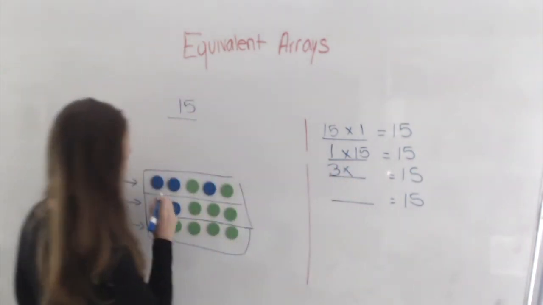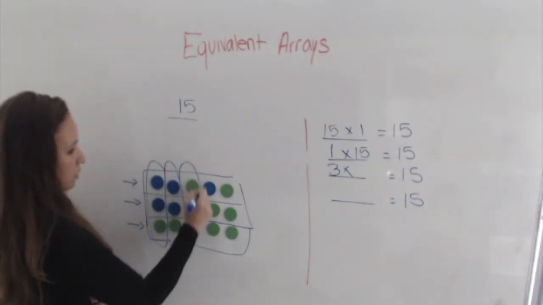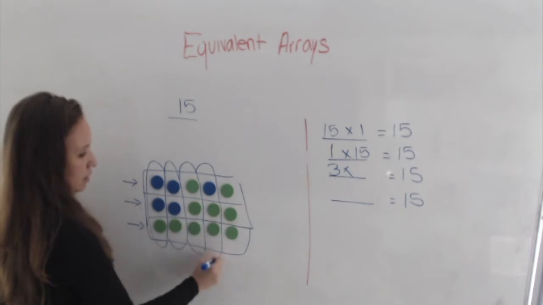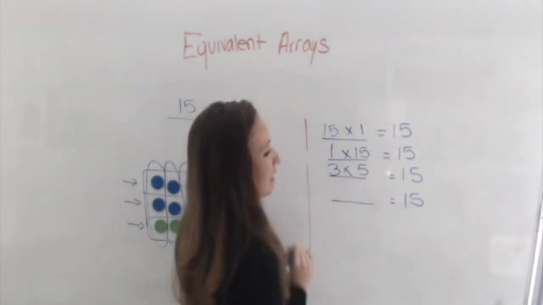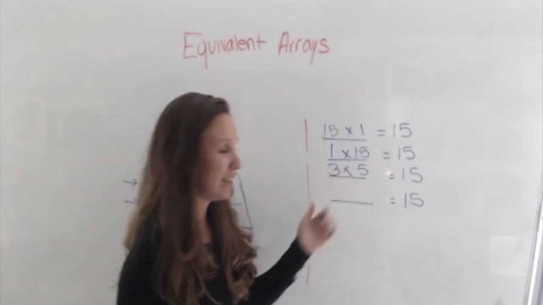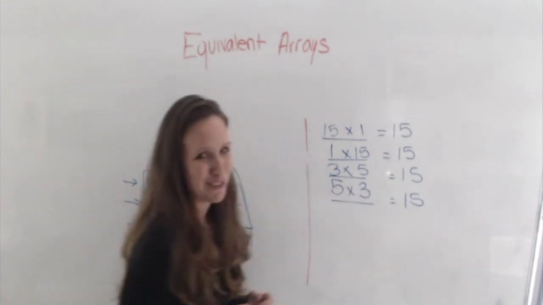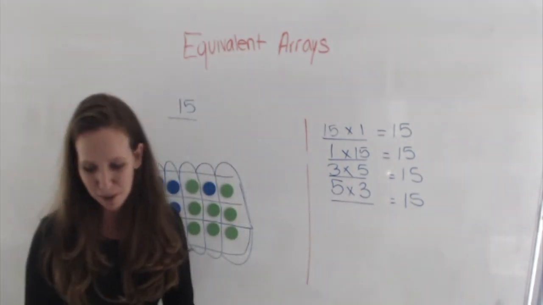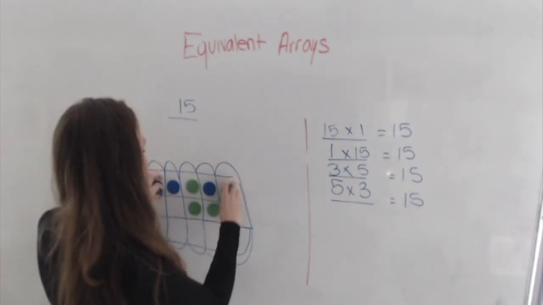And how many columns do I have? 1, 2, 3, 4, 5. So 3 times 5 is 15, which means if I go the other way, 5 times 3 is 15. Great job, guys.